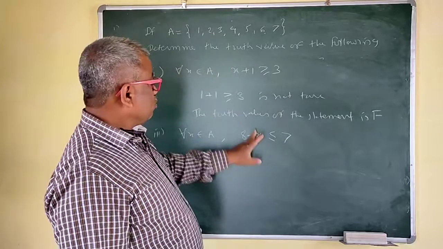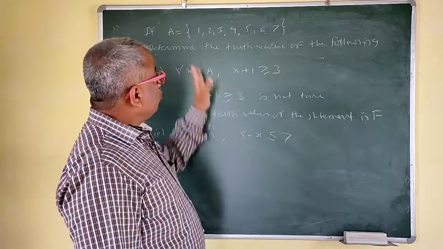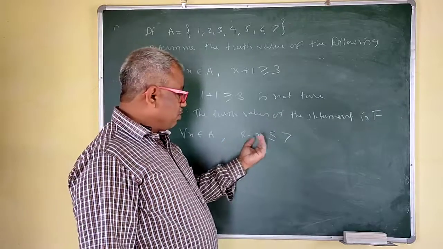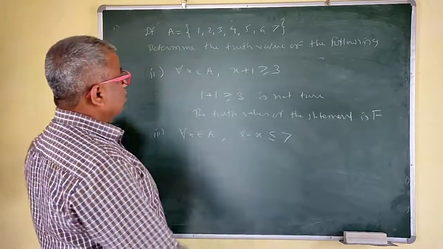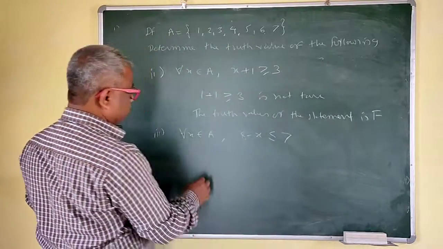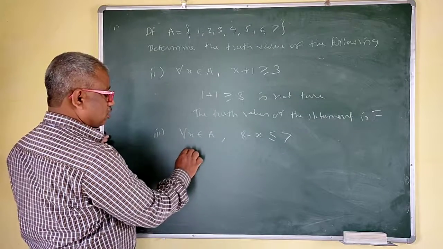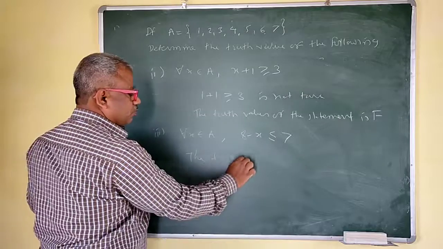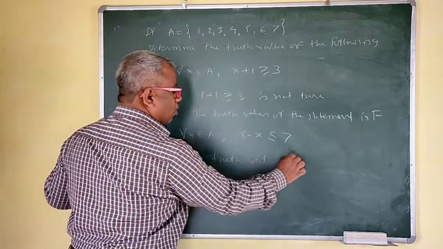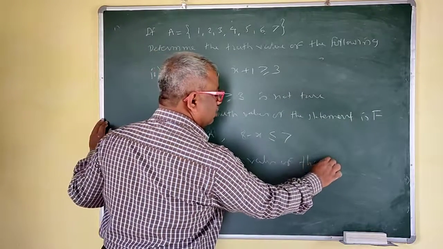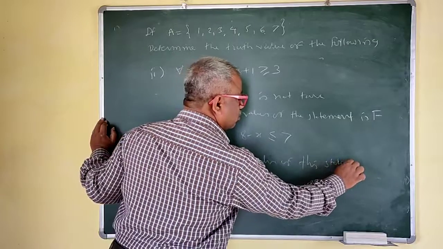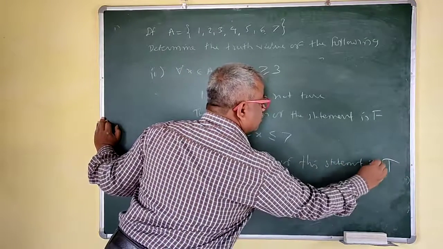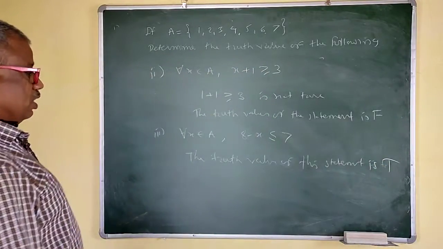Okay. So if you take 2 now, it holds. Right? So if you go on increasing, the number will be decreasing now. That means what? For every value it is true. So the truth value of this statement is T. Okay.